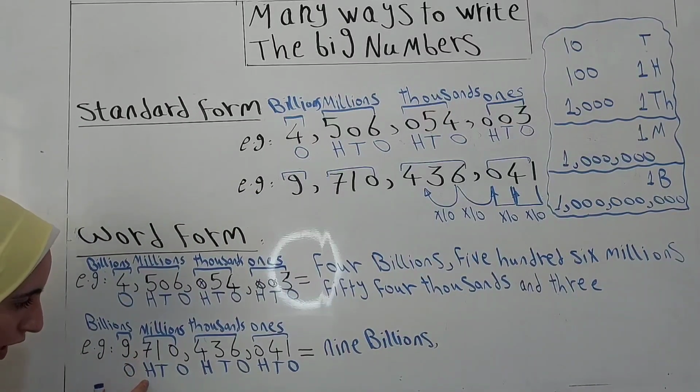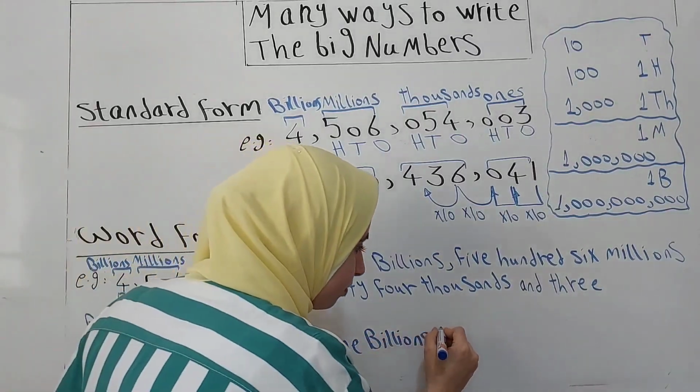We read 410. 10 what? 10 million. 710 million.